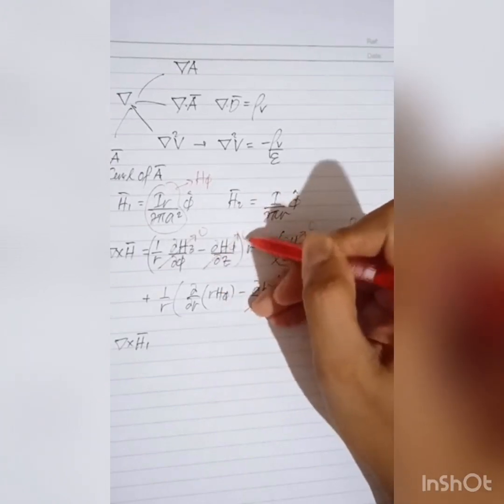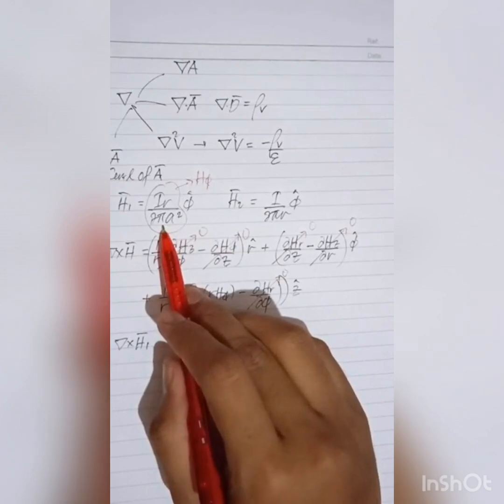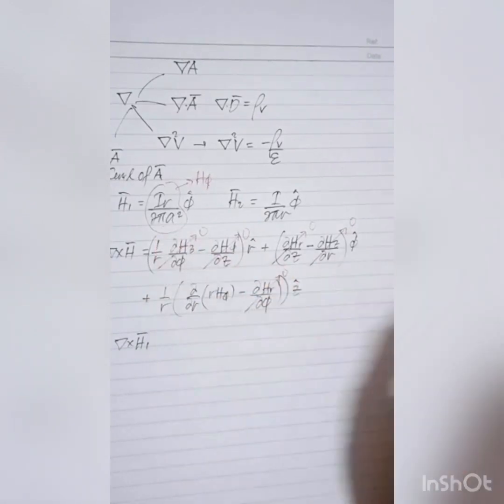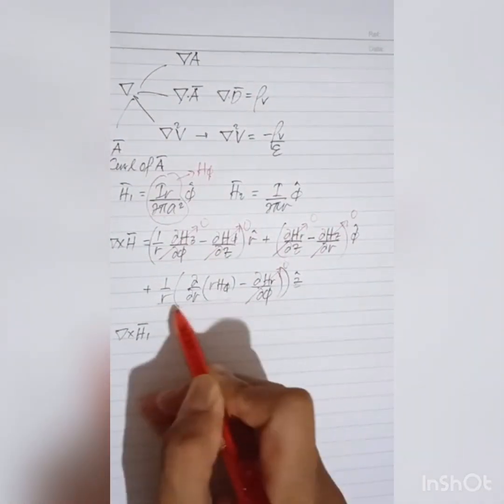Because the H component here doesn't have any z variable. So after we differentiate over z, we'll have a 0.